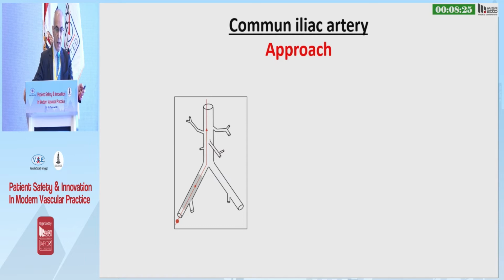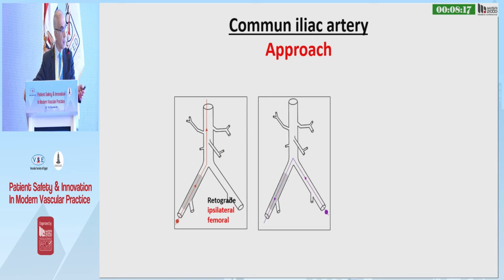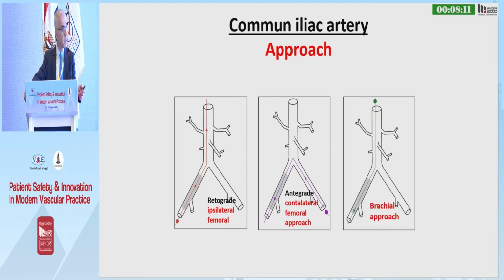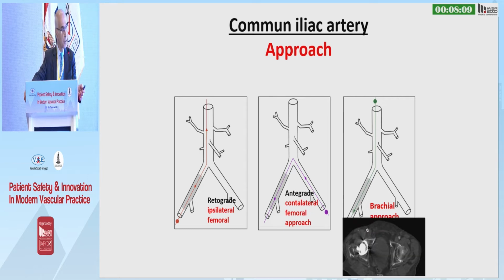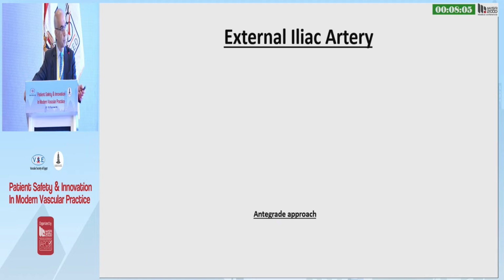For common iliac approach, we start with an ipsilateral retrograde approach. If it doesn't work, we do a contralateral approach, and if we have calcification in the other femoral artery, we do a brachial approach.